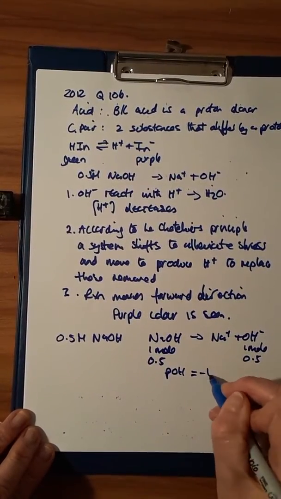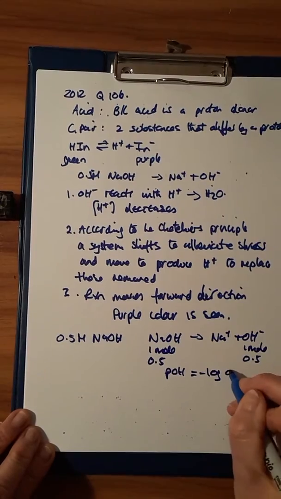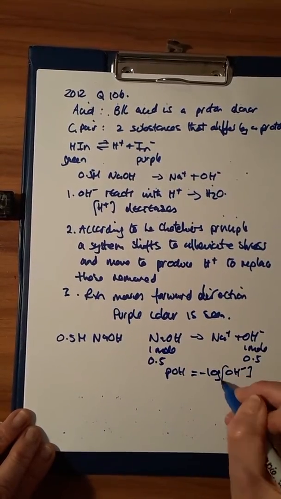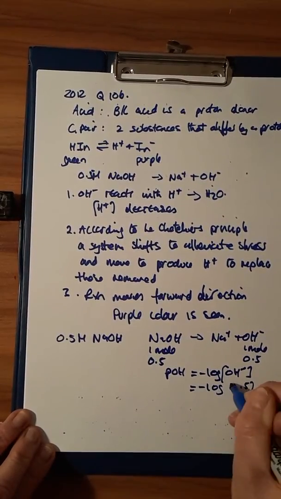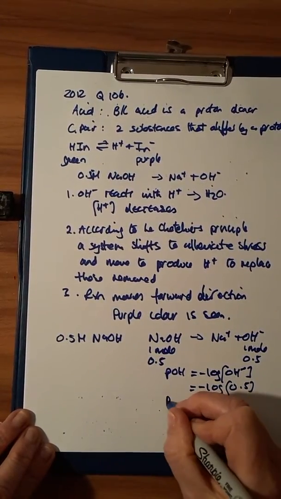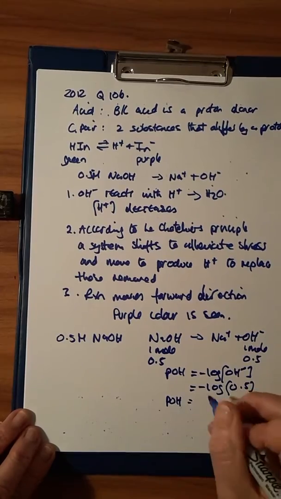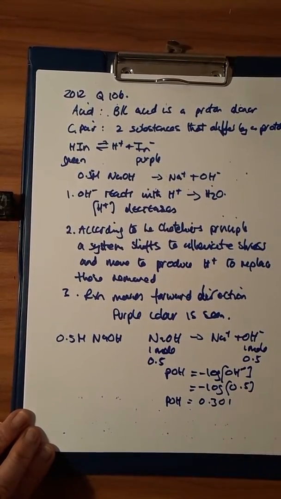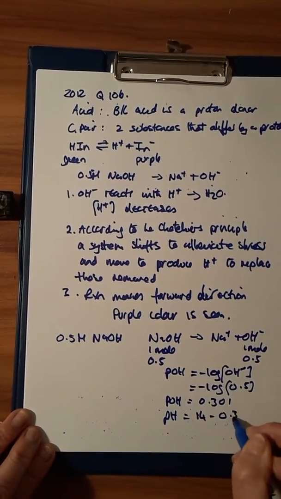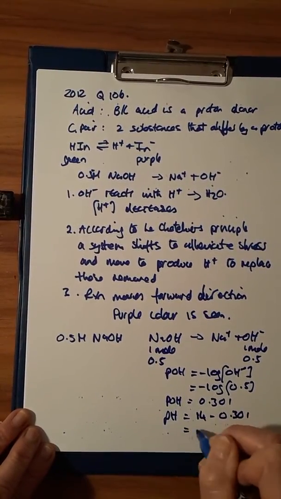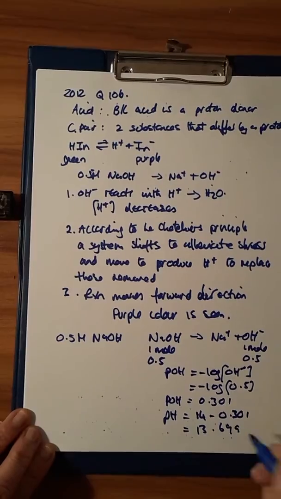The pOH is minus the log of the OH minus concentration, which in this case is minus the log of 0.5. When you put that into your calculator, you will get a pOH of 0.301, which means your pH is 14 minus 0.301. And this gives you 13.699.